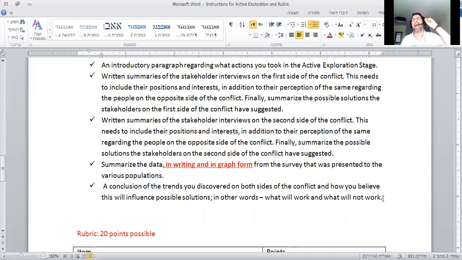It is an analysis of all possible viable solutions, what you think will work and what you think will not work. Here it's just kind of a summary based on your survey and based on your interviews. You're going to go into it in much more detail in the next part of your project.